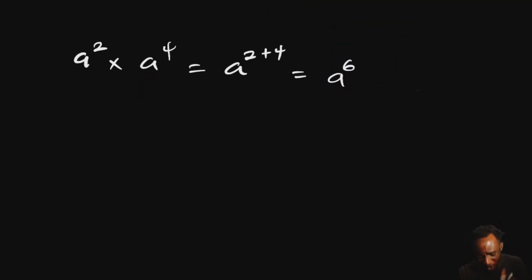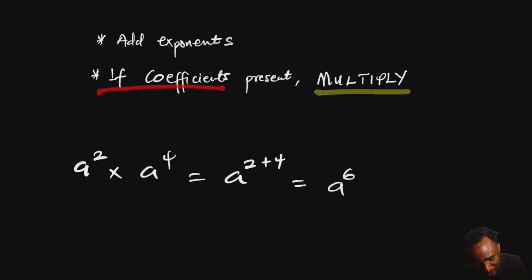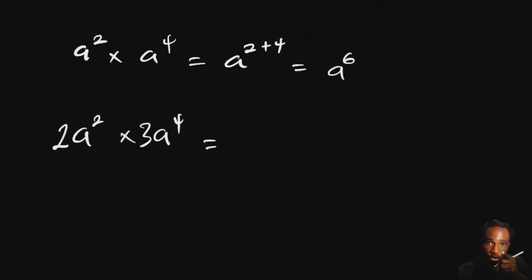Now let's rewrite this question so I can show you exactly what I mean when I say if there are coefficients, you multiply the coefficients. So I'm just going to rewrite this. Like I said, a squared times a raised to the power 4. And in this case, let's say a squared has a coefficient of 2 and a raised to the power 4 has a coefficient of 3. So what do we do in this case? You're right. We multiply the coefficients.